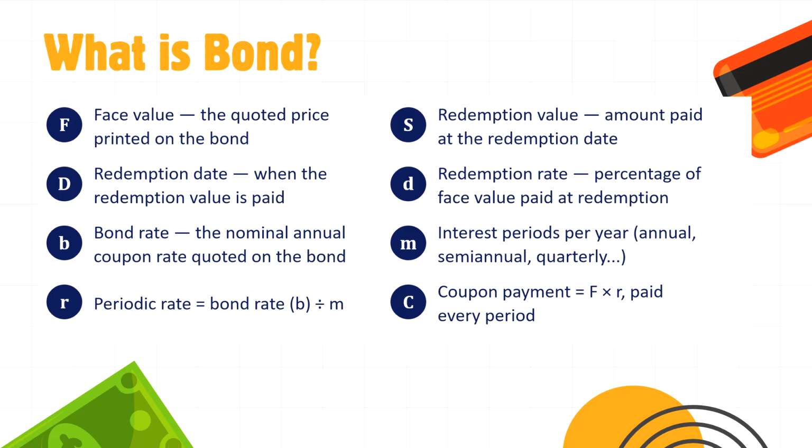M stands for interest periods per year, like annual, semi-annual, quarterly, etc. R stands for periodic rate, where periodic rate is equal to bond rate or B divided by M. And lastly, C is coupon payment, which is equal to F multiplied by R. Coupon payment is the payment paid every period.